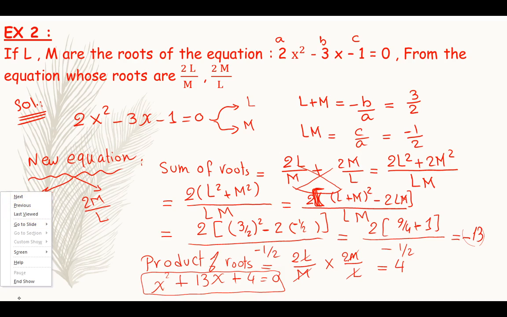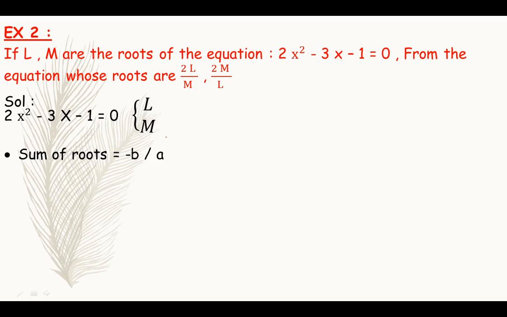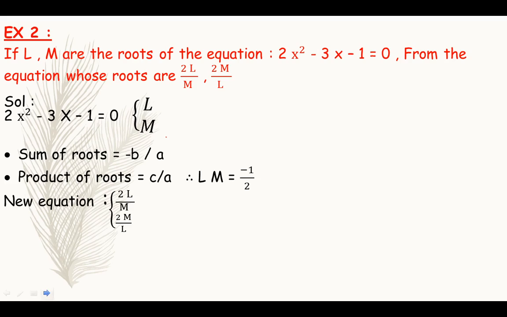Okay, let's solve it again by using the PowerPoint. Solution. The old equation has two roots, L and M. The sum of roots, negative b over a, is equal to 3 over 2, and the product of the roots, LM, equals negative half.